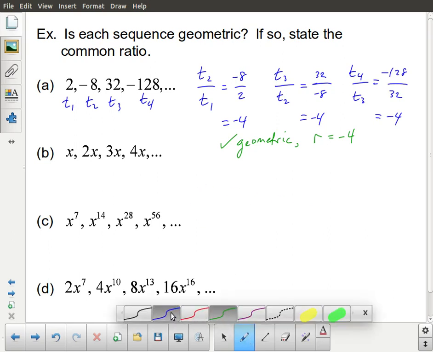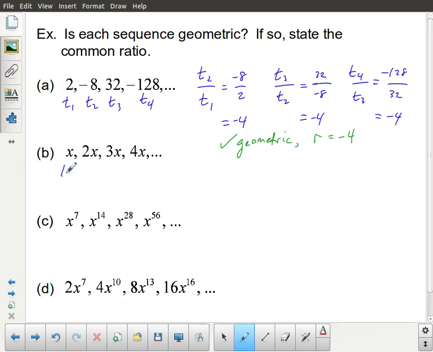Okay, let's do the next one. So once again, T1, T2, T3, T4. What is T2 divided by T1? That's 2x divided by x, which is equal to 2. T3 divided by T2, that would be 3x over 2x.